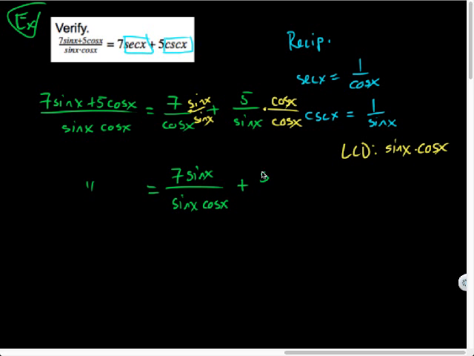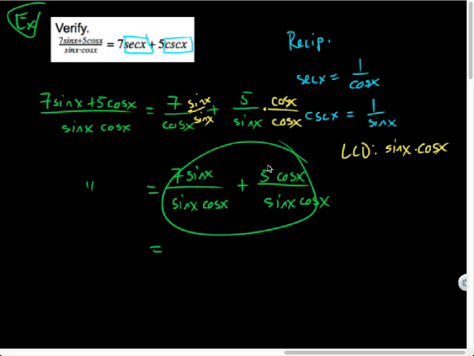And let's see, plus 5 cos x over sin x cos x. And sure, I could cancel this out and this out, but I just added those in intentionally, so I already know that these are unreduced fractions. But what's nice about the fact that they have the same denominator now? Yeah, I can add the numerators. And that gives me the left-hand side, so we're done.